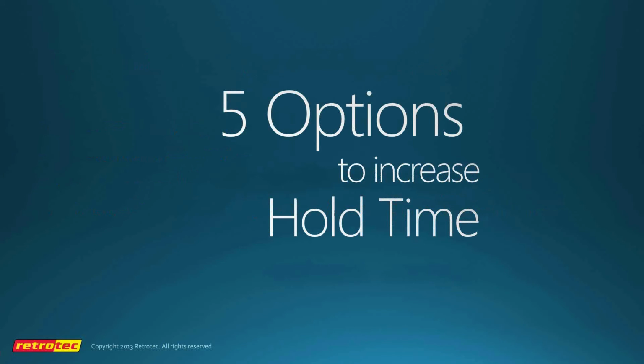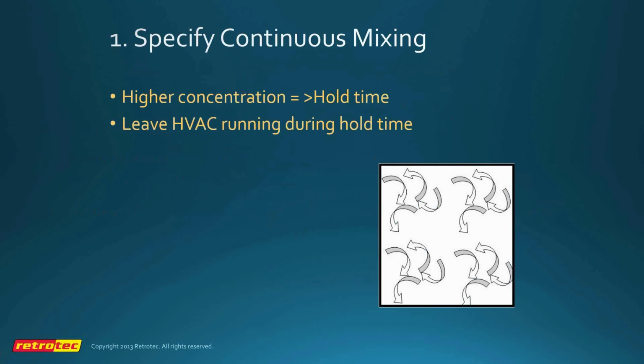So one option to increase hold time would be to specify continuous mixing. This is particularly important wherever in your jurisdiction they require the descending interface to be held to 90% of enclosure height, where it's almost mandatory to use continuous mixing.